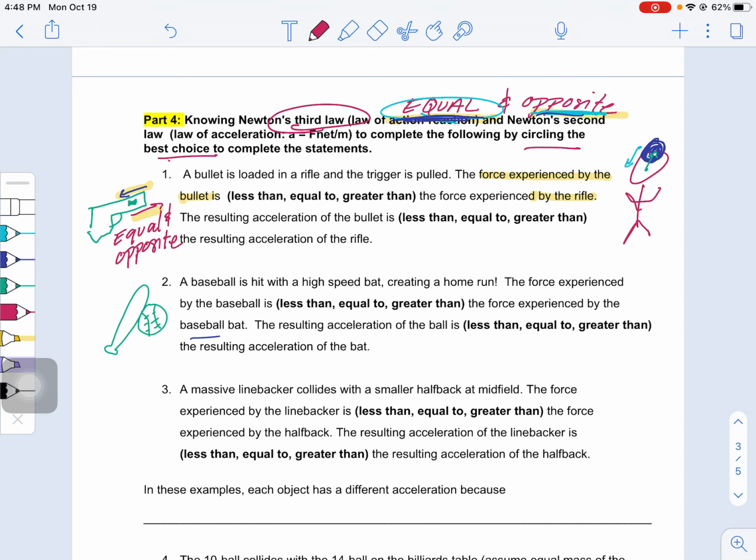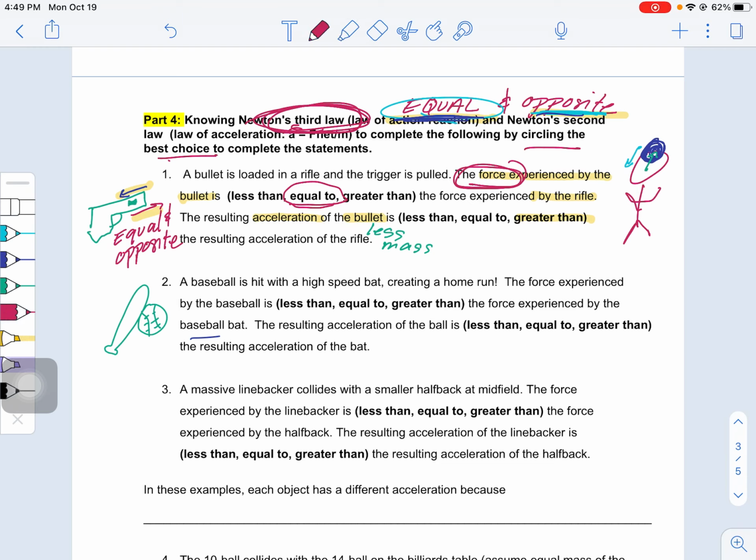So up here, when I'm thinking about their forces, it should be equal. Even though they're different objects, different mass, different size, the forces acting on them, according to the third law, are the same. But the acceleration experienced by them is different, again, because of that mass. The bullet is the less massive object, so it should have a greater acceleration.